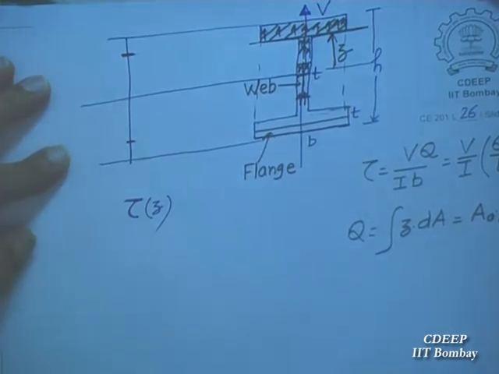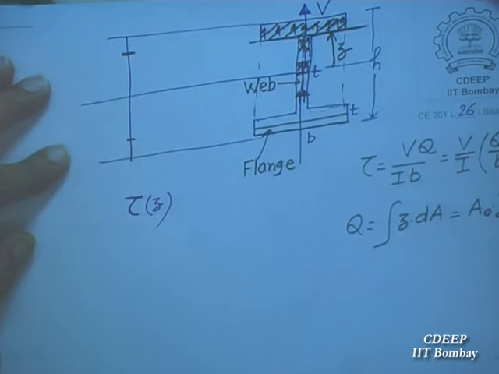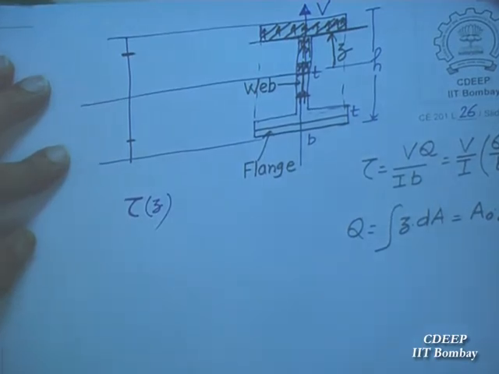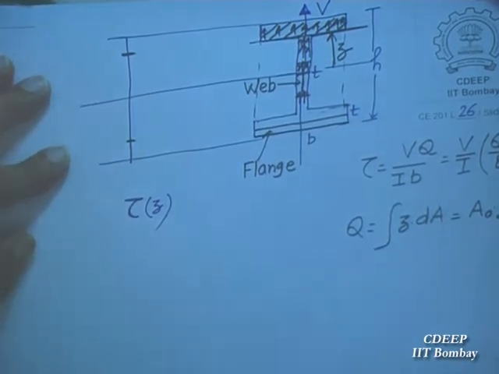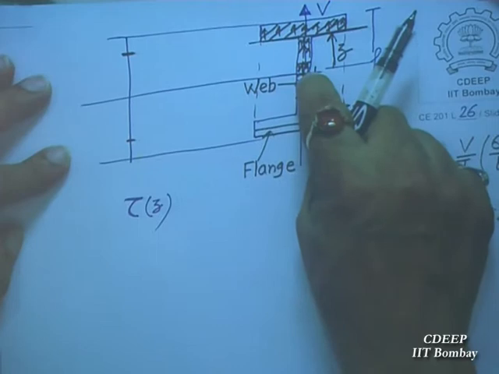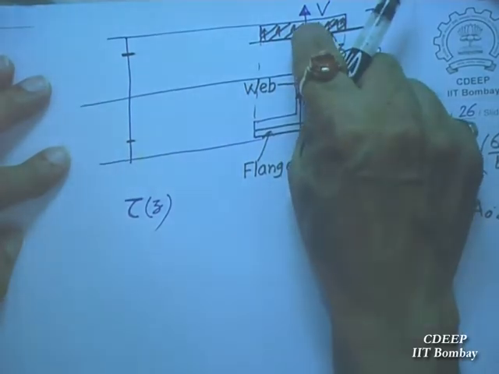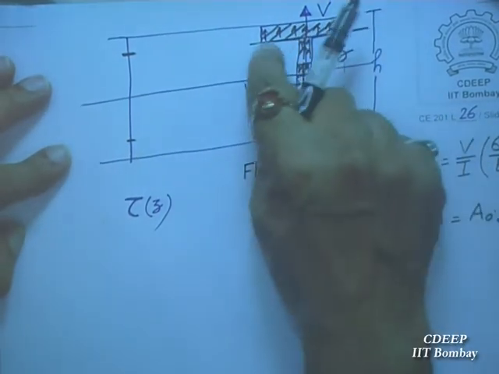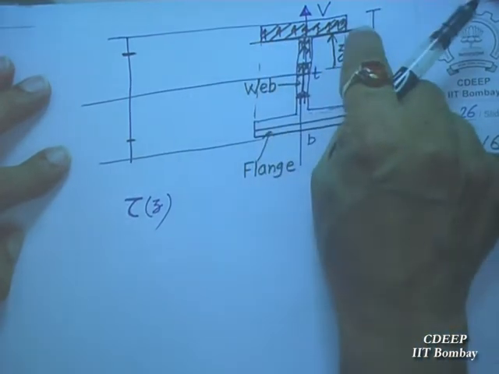Is it okay or not? Yes. From the centroid formula, the center of gravity formula, total area multiplied by Z bar. Z bar is the distance from this axis to the centroid of this. So the shear stress at this level will be that.